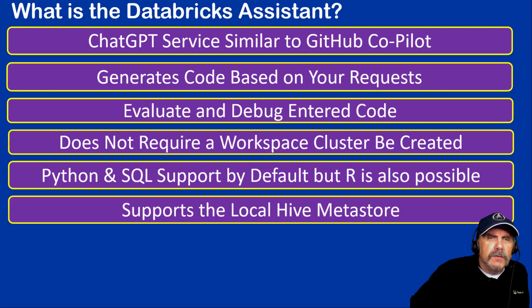Another surprise for me was it supports the local Hive metastore. I didn't expect that. I really thought this was going to require Unity Catalog and only work with the metadata stored in Unity Catalog. Fortunately, you do not have to enable Unity Catalog to use this service. And that in the documentation was also not really clear because it said it leverages Unity Catalog.